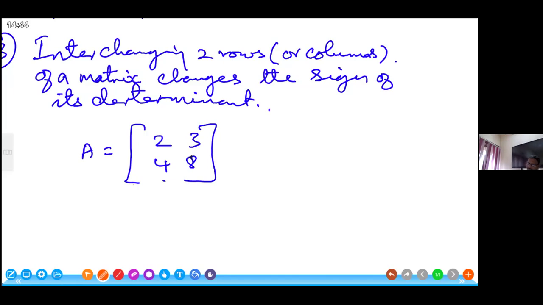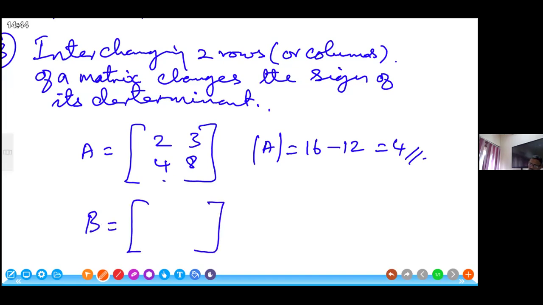What is the determinant? That is 16 minus 12, which is 4. Now I'm going to interchange the rows.